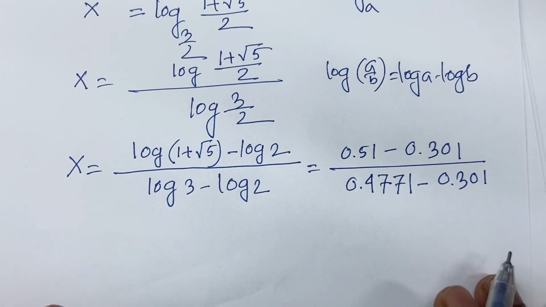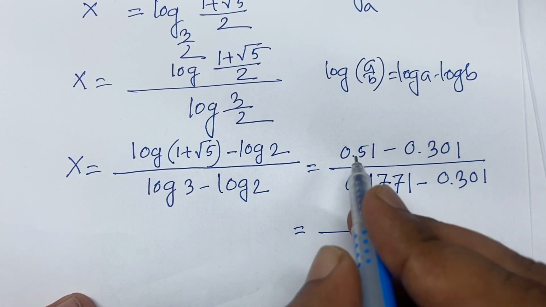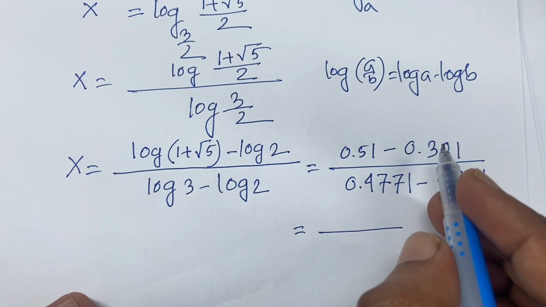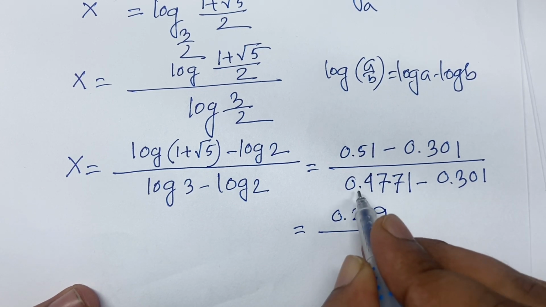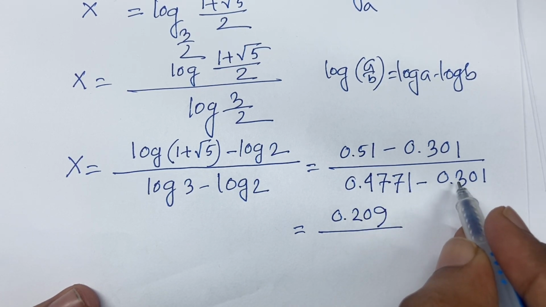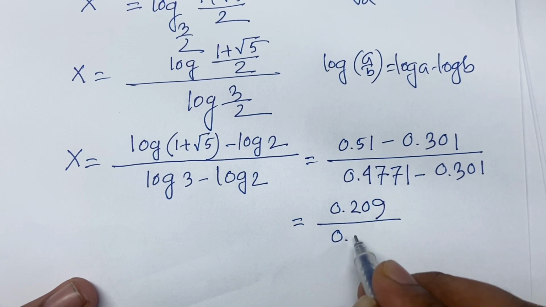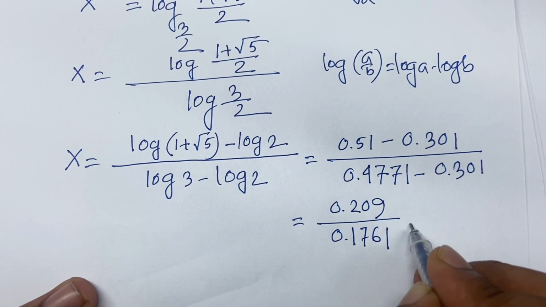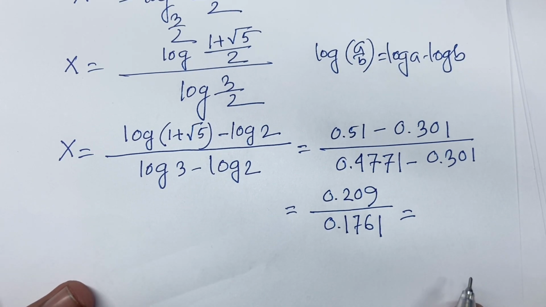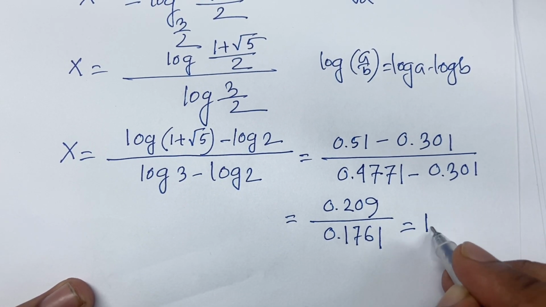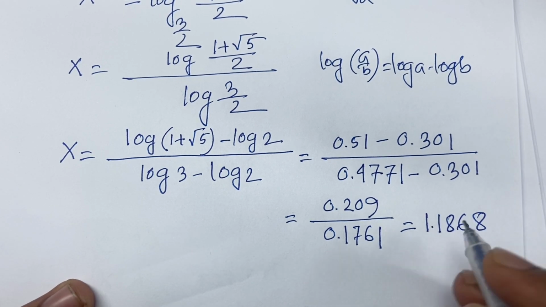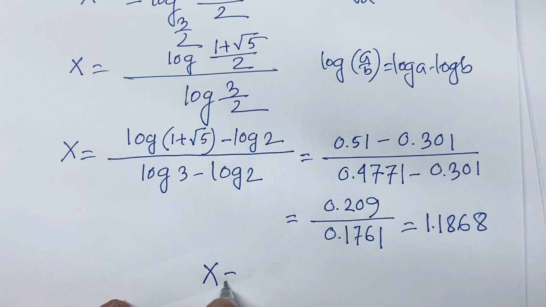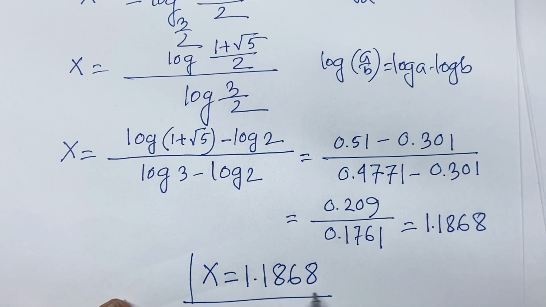Now 0.51 minus 0.301 is equal to 0.209, over 0.4771 minus 0.301, which is equal to 0.1761. Now if I divide, we find this value is 1.1868. So our final answer is x is equal to 1.1868. This is our final answer.